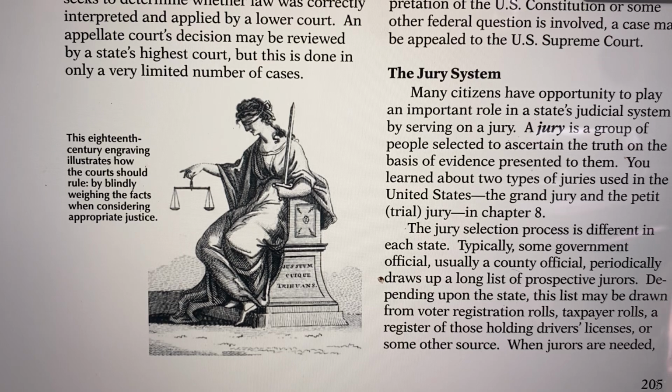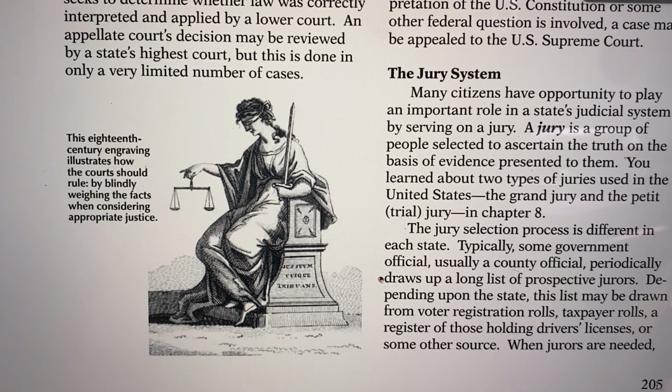So how do you get selected for a jury? First of all, they are given a long list of prospective jurors. Where do they get this list from? They get it from the DMV, driver's licenses, voter registration, and taxpayer rolls, those who pay taxes.